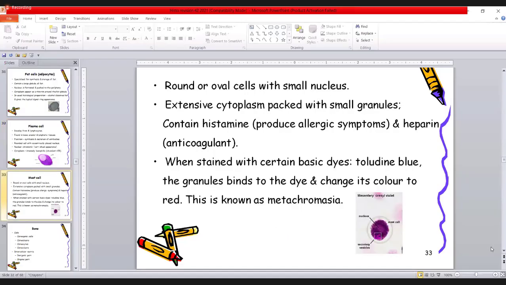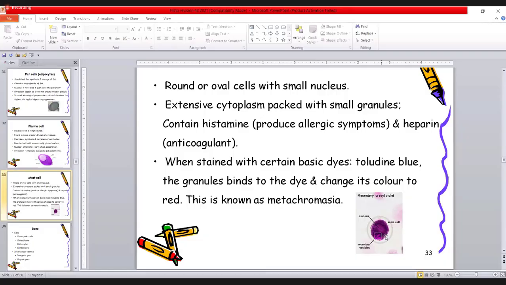And then mast cells are round cells heavily packed with cytoplasmic granules. The entire cell has these small granules which contain either heparin, which is an anticoagulant, or histamine, which is involved with allergic reactions.